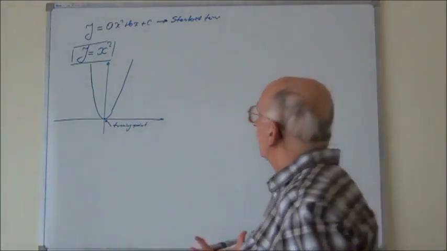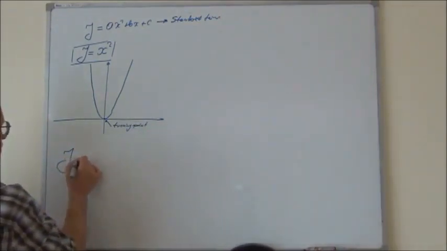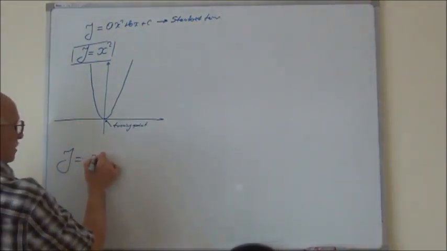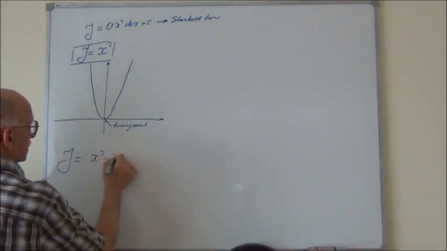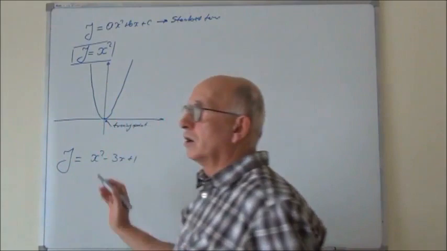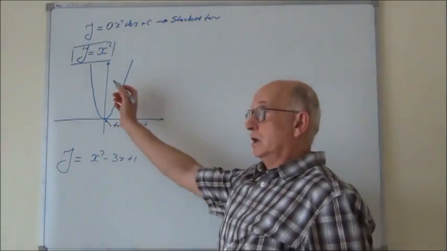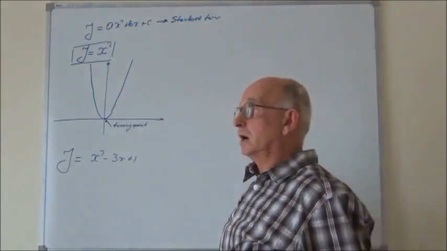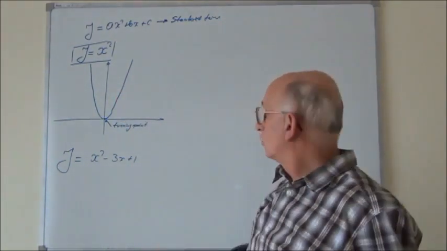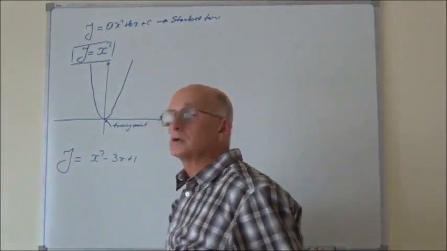But what to do with that graph if we have, let's say, an equation of a parabola, I don't know, x squared minus 3x plus 1. So what would be the graph of this parabola? Obviously, it should be different than this one, but to obtain that graph, we still have to use this graph.